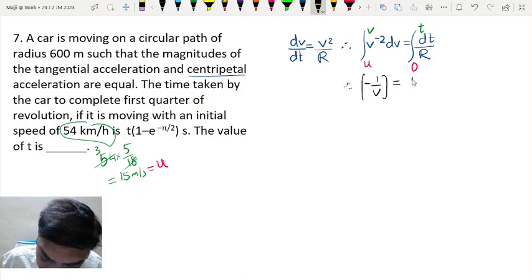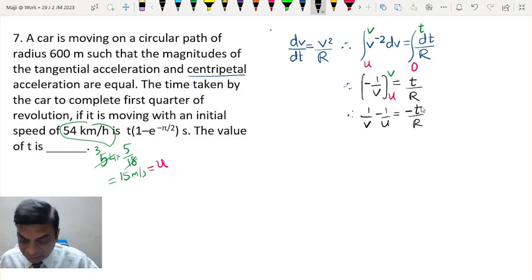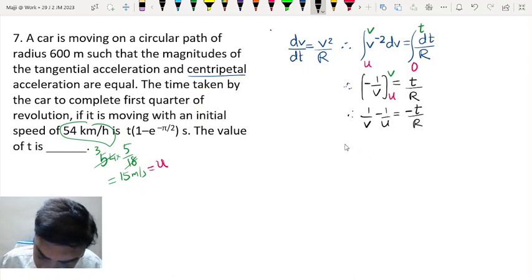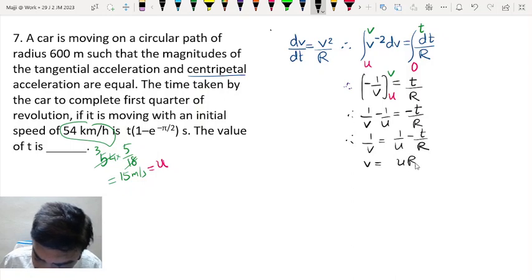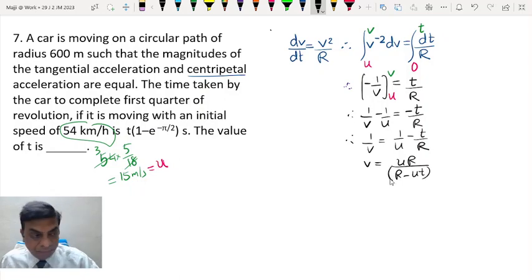When you substitute the limits, you have 1 by v minus 1 by u is equal to minus t by r. So this way we can express v in terms of t.